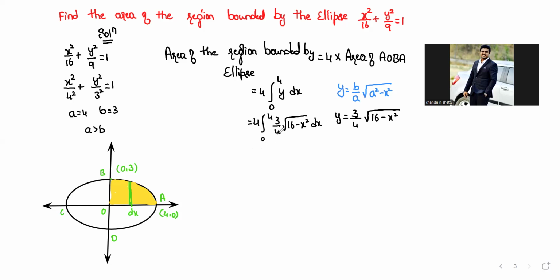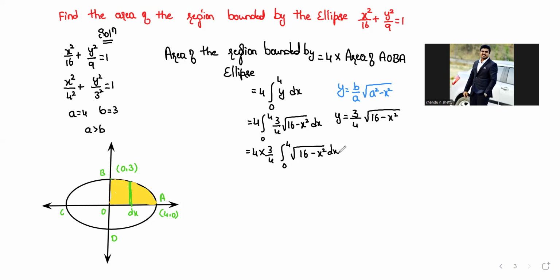Now you should observe this 3 by 4 is a constant. You should take it out of the integral. 4 into 3 by 4, integral 0 to 4. So now you should apply the square root of 16 minus x square dx. Okay.